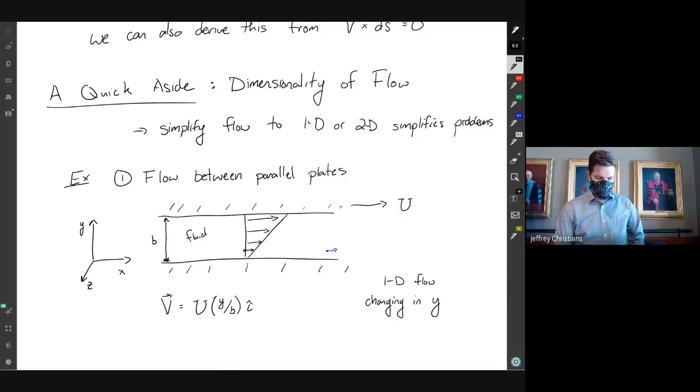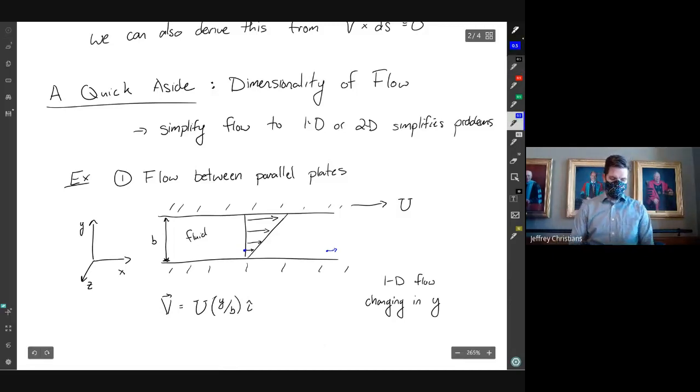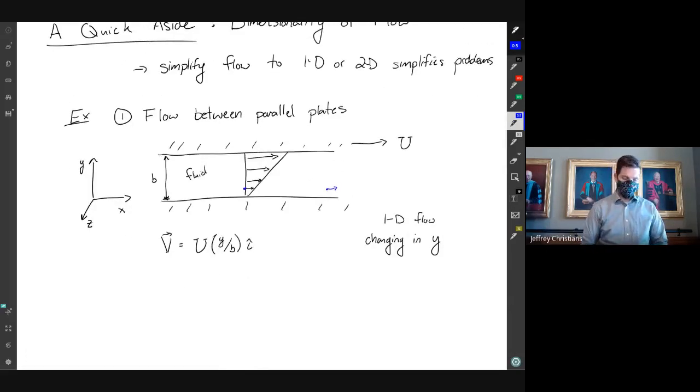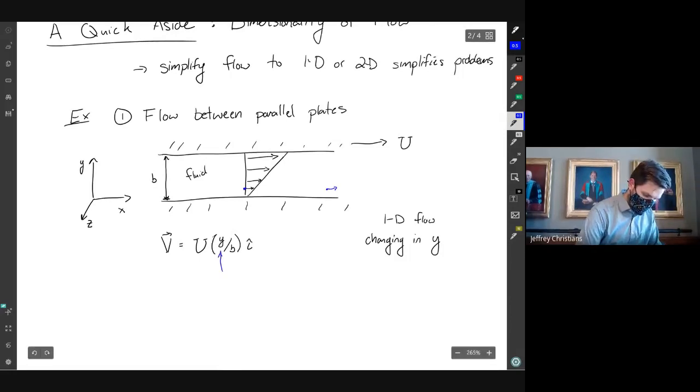Okay, so if we look at this equation, our velocity is pointing in the x direction because it's in the i hat direction, but it's changing in the y direction. So changing in y, pointing in x.